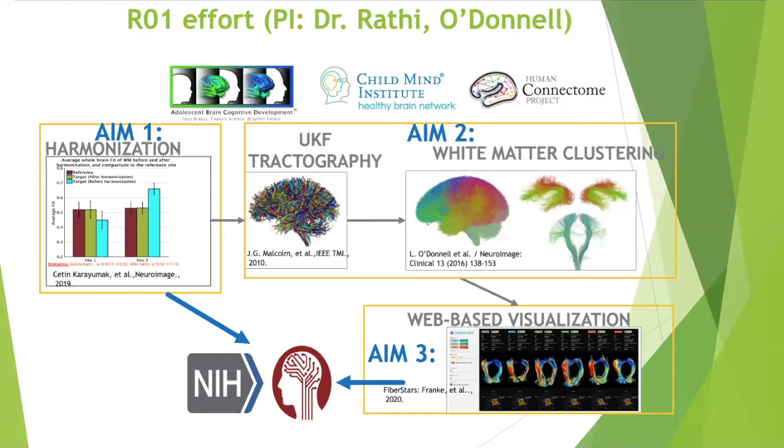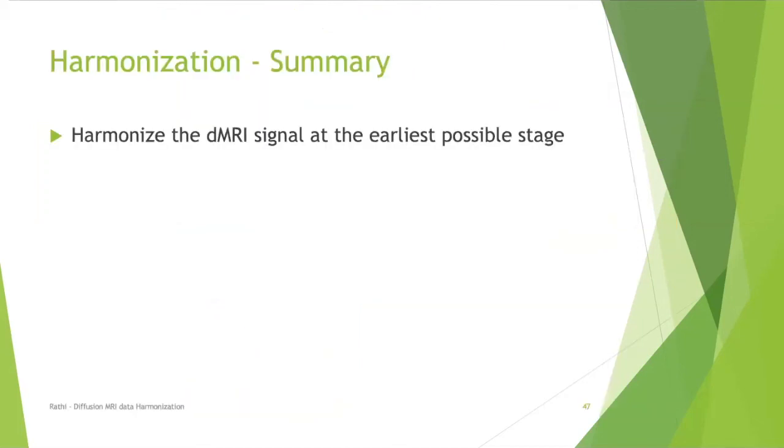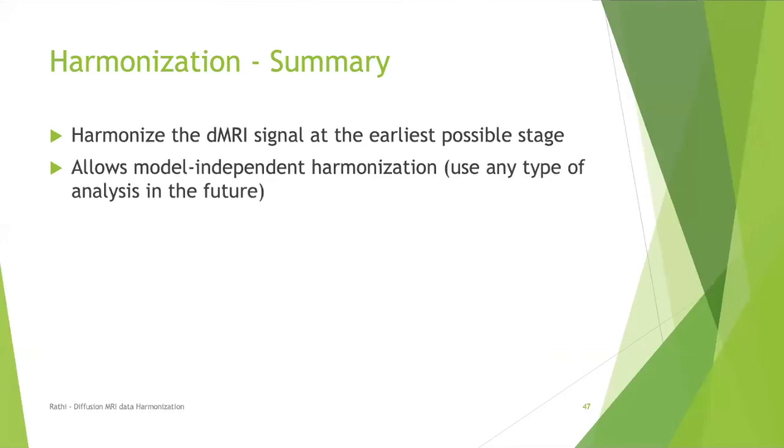So to summarize, we think that harmonizing the signal at the earliest possible stage is probably better because you avoid a lot of the problems during the processing streams. It is also model independent, so any type of analysis can be used in the future. So you could use single tensor, multi-tensor, DSI, any other model.